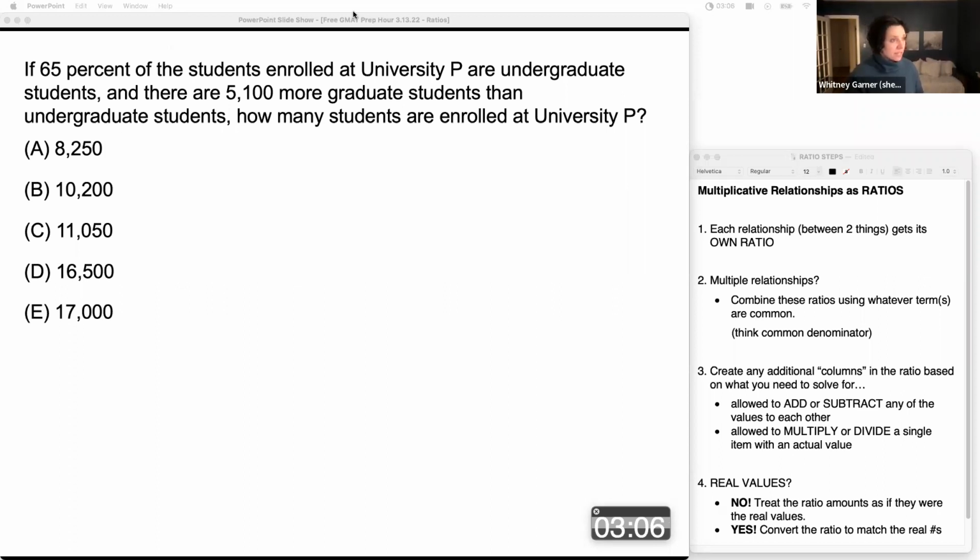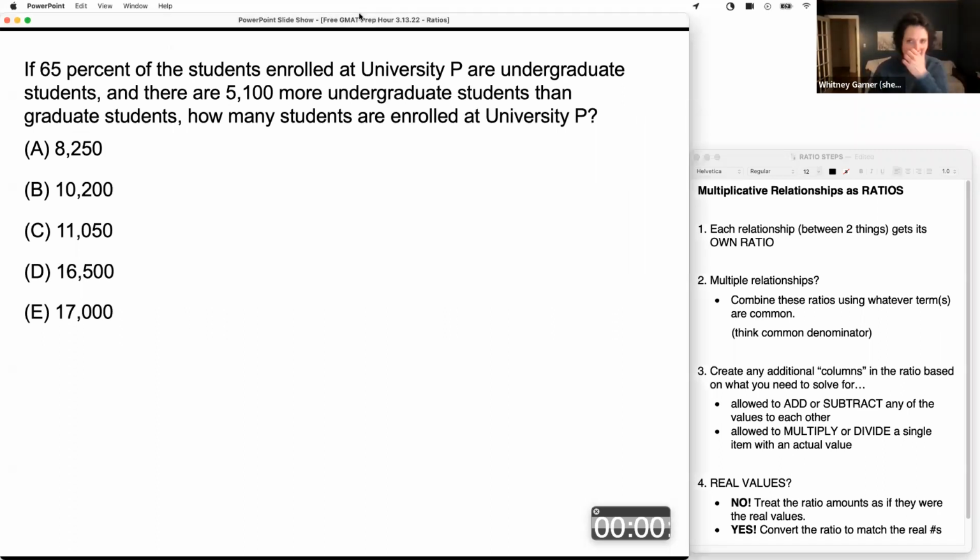So if 65% of the students are undergraduate and there are 5,100 more undergraduate than graduate students. Let me fix this. Thank you. So let's say 65% are undergrad, and there are 5,100 more undergrad students than graduate students. Thank you. There's a typo. See, all you have to do is, if you find something crazy like that, be like, oh, hey, Whitney, there's a typo.